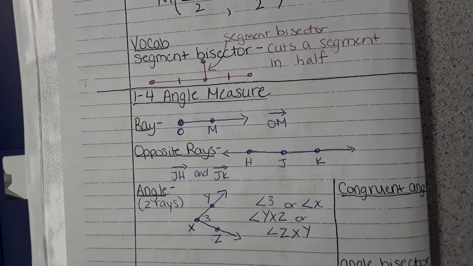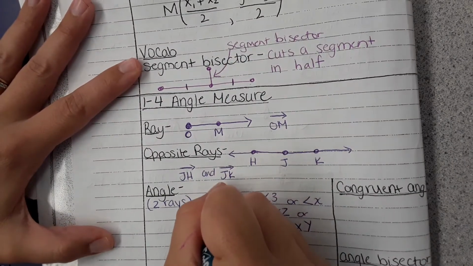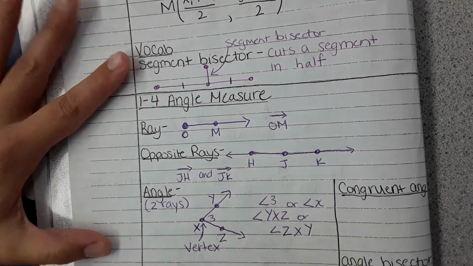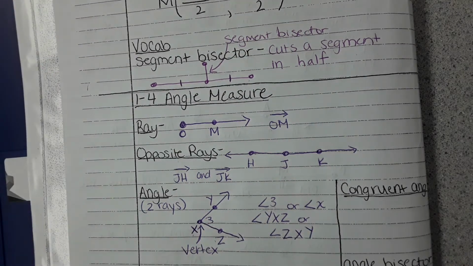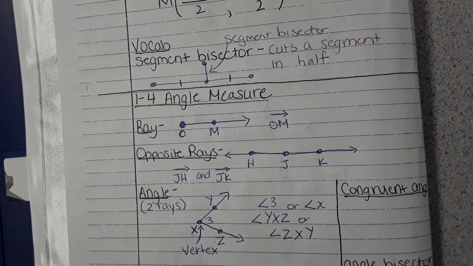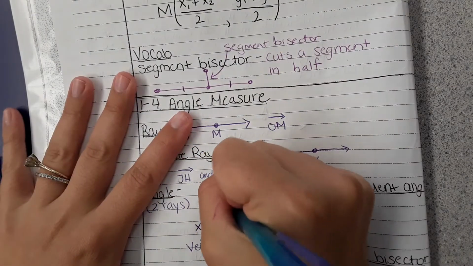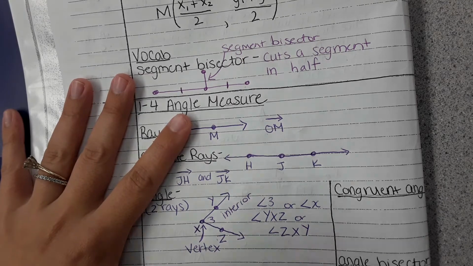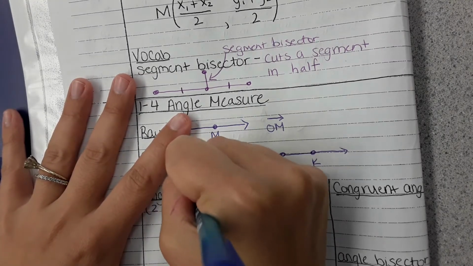I've been using the word vertex a lot. The vertex is like the elbow joint of the angle where the 2 rays meet. And then another word that's important is this is the interior of the angle. And as you may guess, that means this is the exterior of the angle.